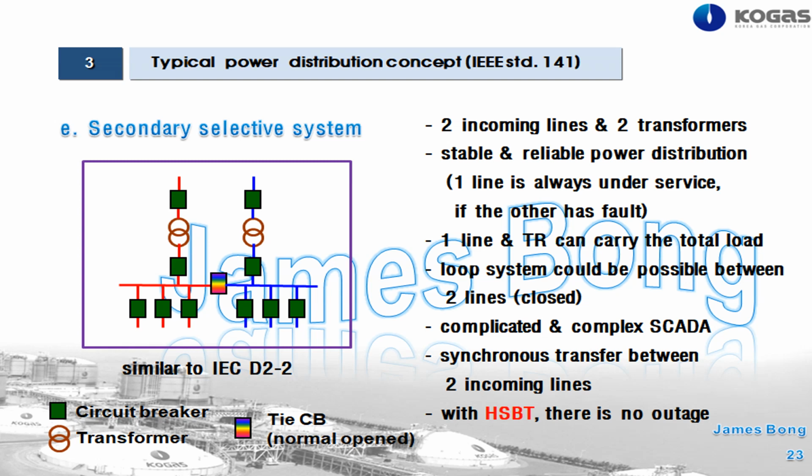As you understand, the loop circuit is available when the conditions are met. The incoming line cables, circuit breakers, and transformers have to carry the total load for the loop circuit.